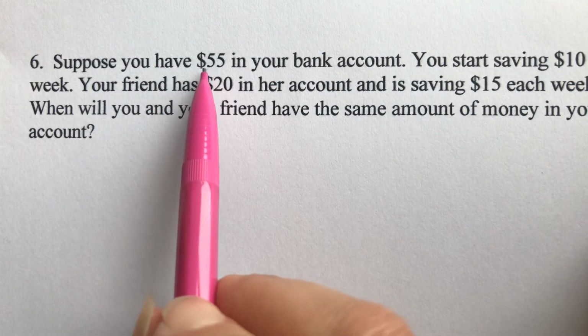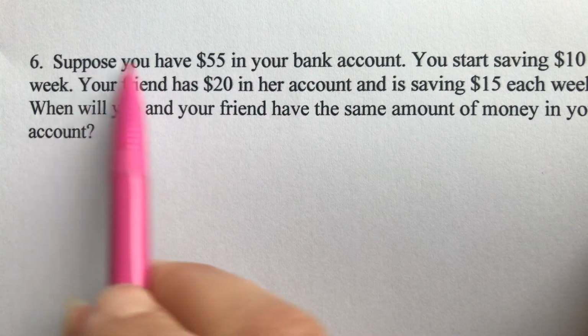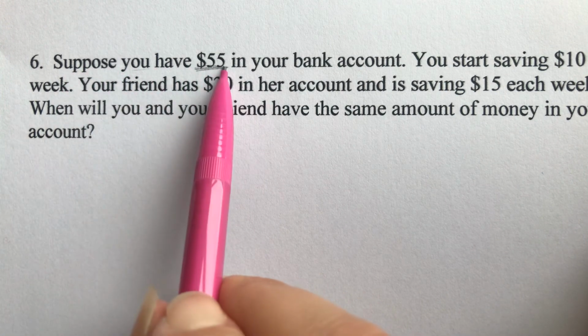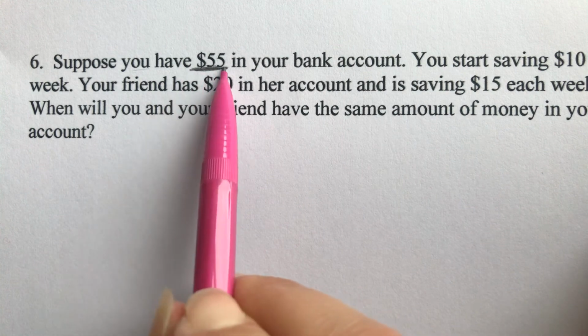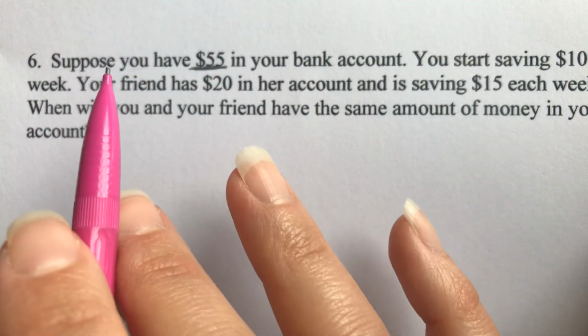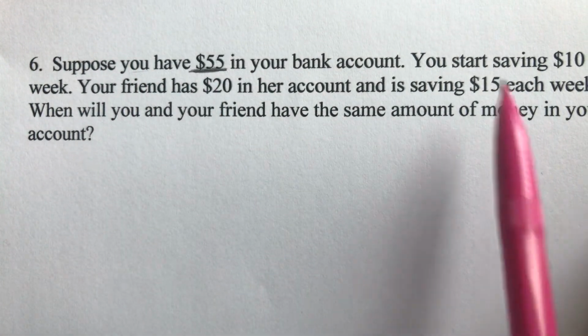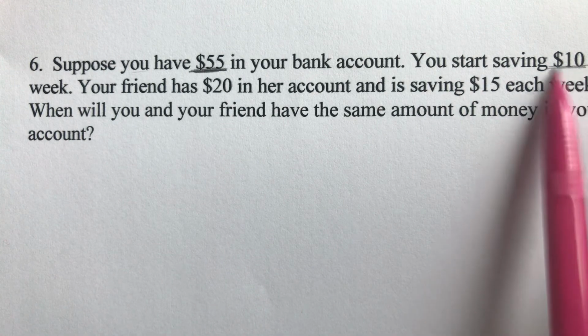Okay, we have to make the equations ourselves. You have 55. It's already there. It's not going to change. We've got 55. You're going to then start adding 10 a week.